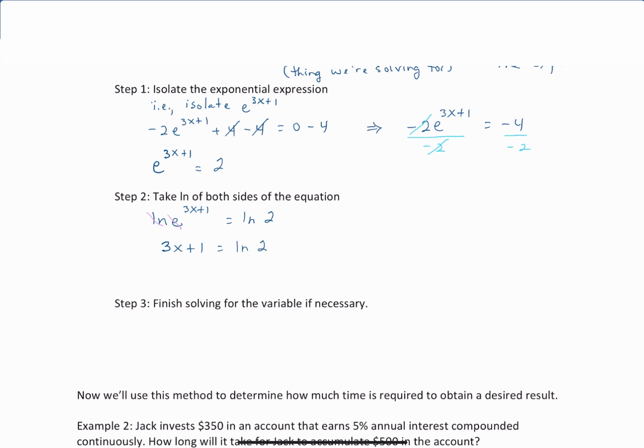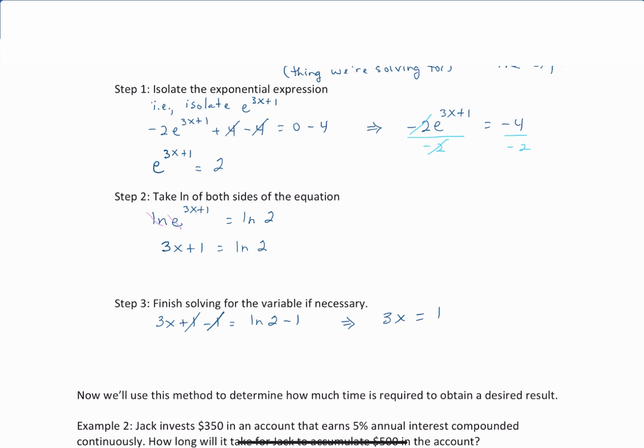Now we finish solving for the variable. So I'm going to subtract 1 on both sides, and that implies that 3x equals ln of 2 minus 1.